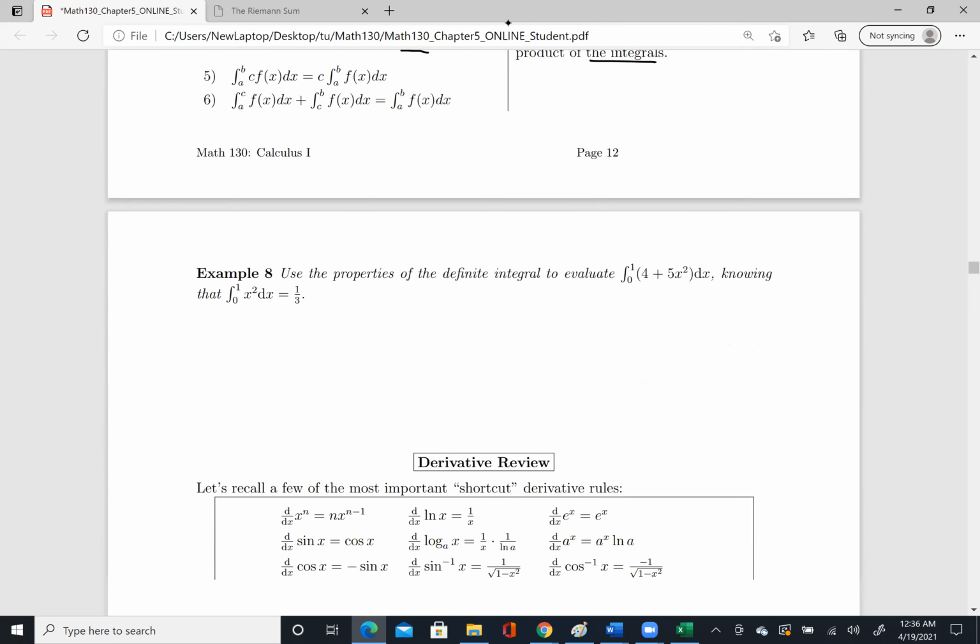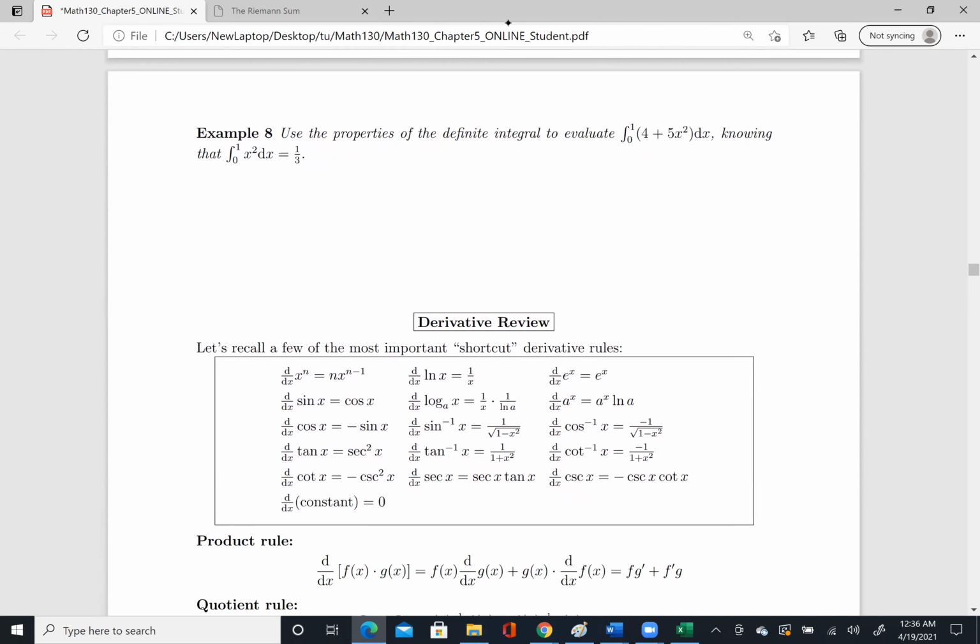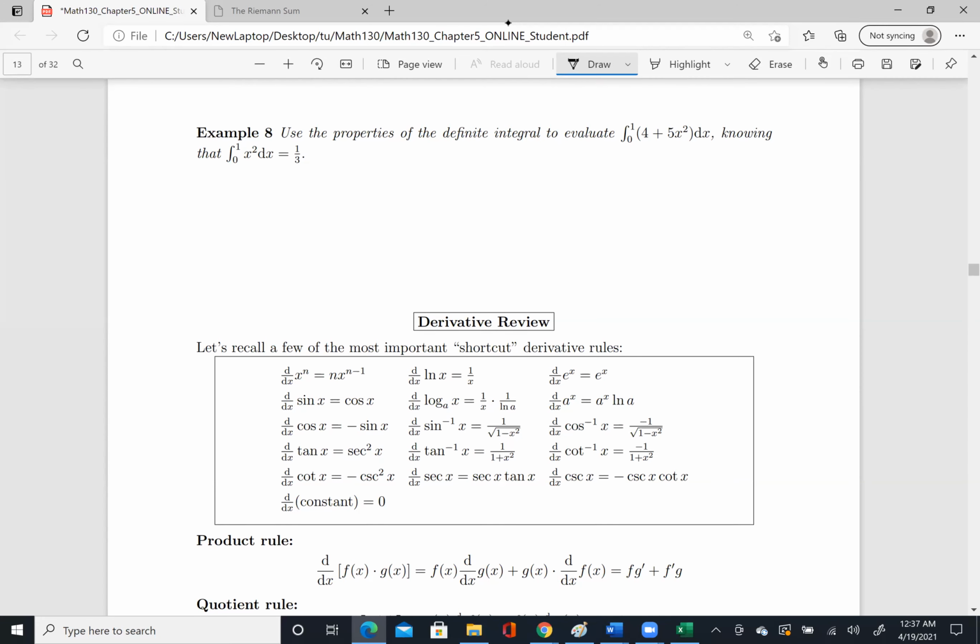Okay, so now let's use the properties of the definite integral to evaluate the integral from 0 to 1 of 4 plus 5x squared dx, knowing that the integral from 0 to 1 of x squared dx equals 1/3. So we have the integral from 0 to 1 of (4 plus 5x squared) dx.